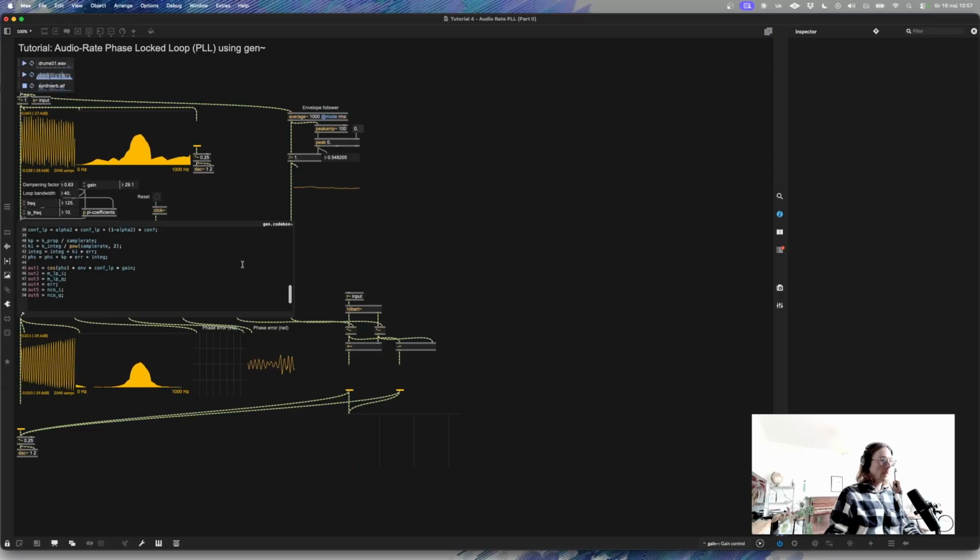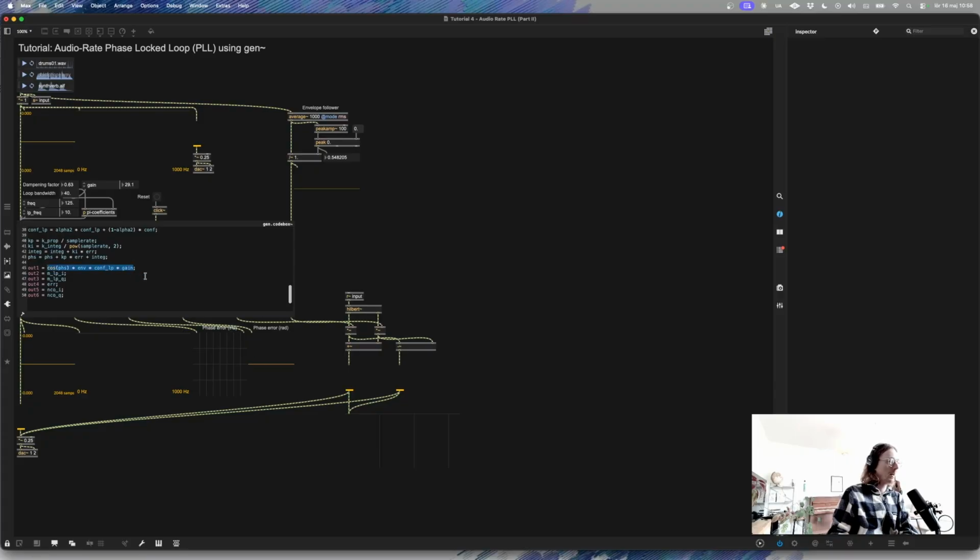And then another idea we can try, of course, is in our output of the raw waveform from the PLL, since this is a signal output here, we can apply whatever processing we want to this.